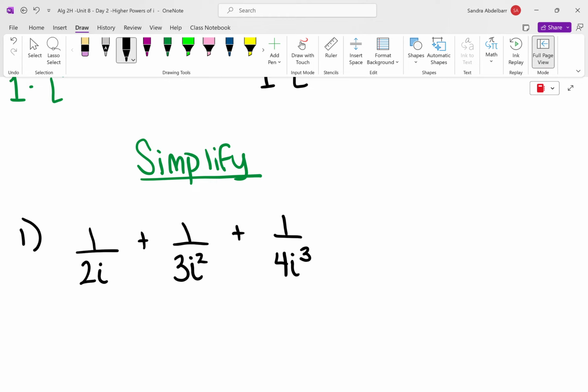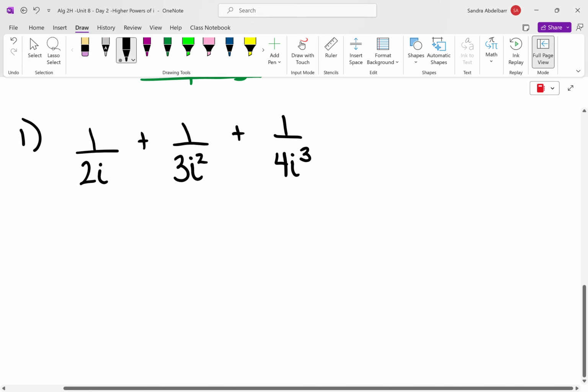But before I'm allowed to create a common denominator, what do you think I'm going to tell you to do? We're going to simplify the denominators because don't we see i's to certain powers that we can simplify? And then after we simplify, I'm going to recommend we rationalize. So let's simplify, then rationalize, then create a common denominator.